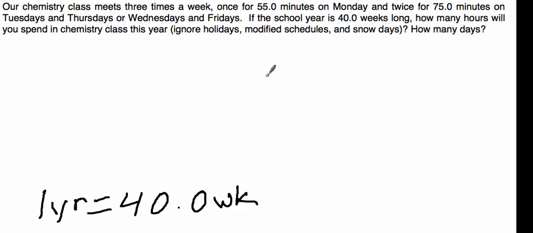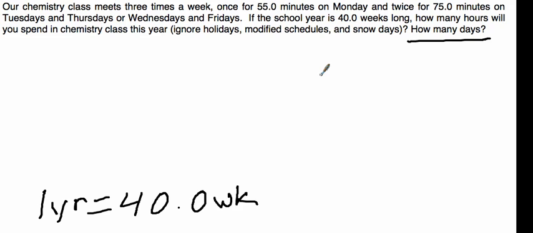Now we're going to start on the second part of this question, where we're asking how many days is that? How many days total are you going to be in chemistry class, basically? I'm going to leave on the bottom there the 1 year equals 40 weeks and see if we can use that. Because we're not talking minutes now, I don't know if this 55 minutes and 75 minutes will really come into play.